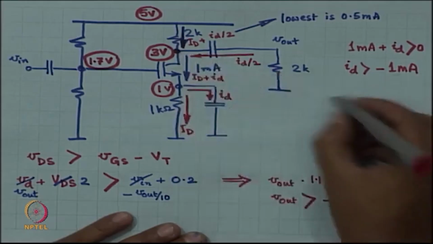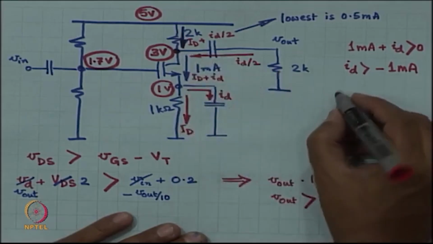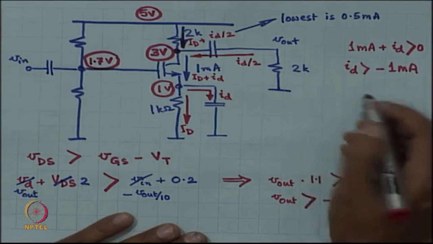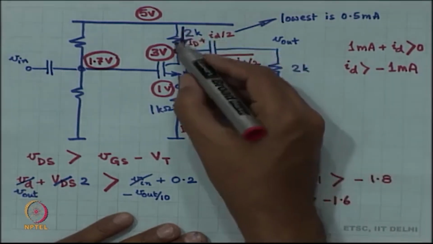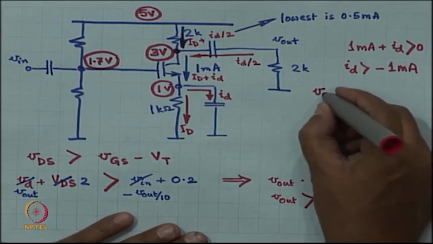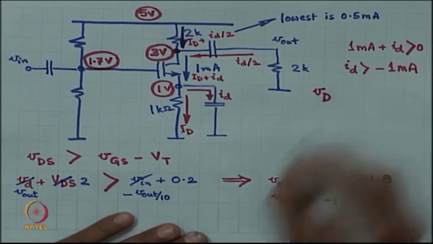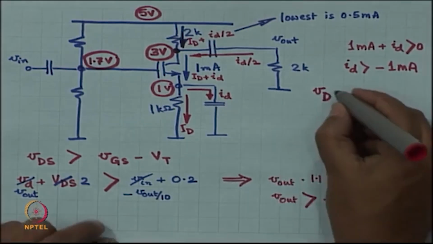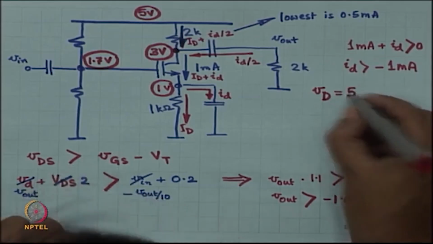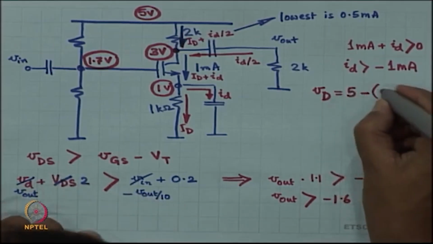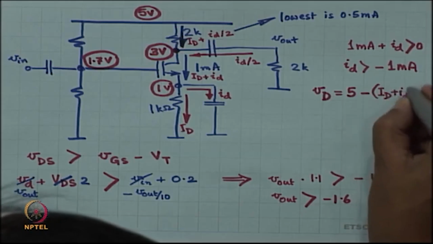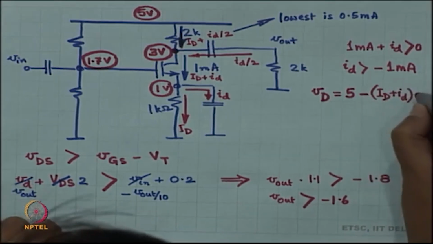So, the smallest value of small id is minus 1 milliampere, then the largest value of VD. VD is what? VD is 5 volt minus capital ID plus small ID by 2, times RD.